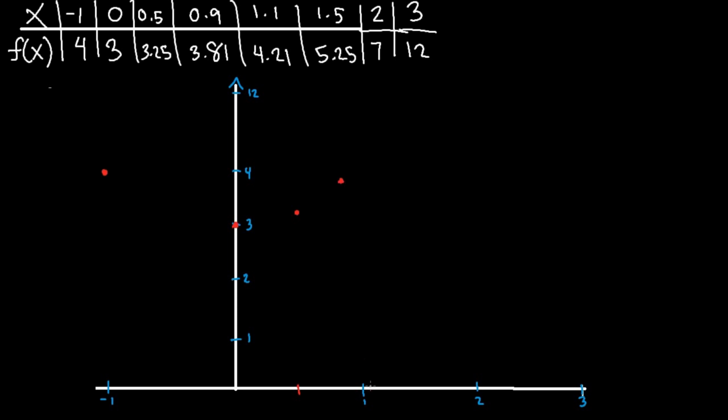Tapos sa 1.1, that's 4.21. So diri nga part portion. So tapos sa 1.5, that's 5.25. So naa diri nga part. Approximate lang.